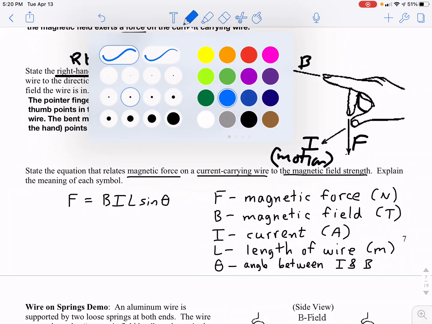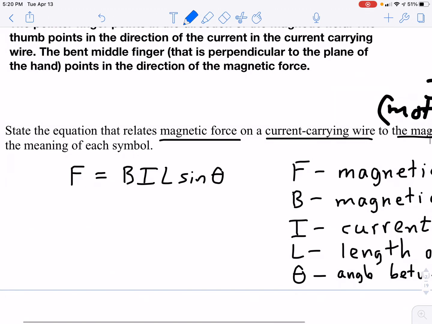Do keep note that if the current is perpendicular to your field, then you're talking about the sine of 90 degrees, and the sine of 90 degrees is 1.